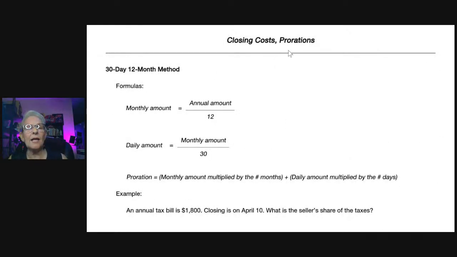Closing costs and proration. The closing costs are what happens after there's an offer and it goes to the escrow officer, and all the expense of selling that property for the seller, including any repairs that have to be done, any allowances, and taxes that have to be paid and how they are prorated.